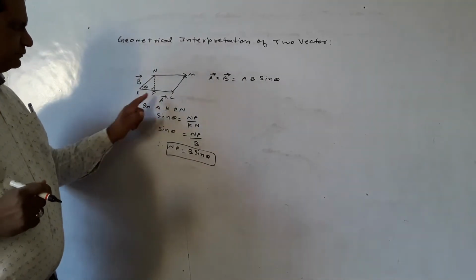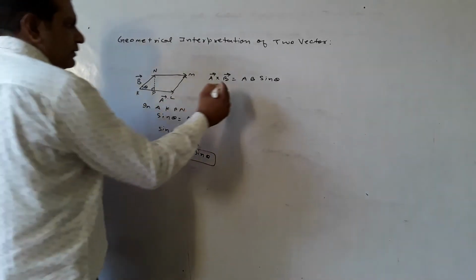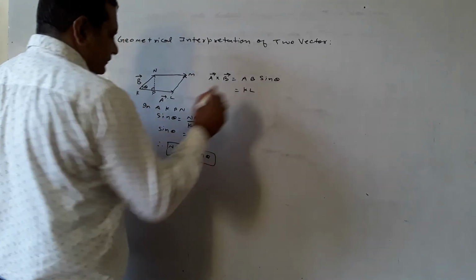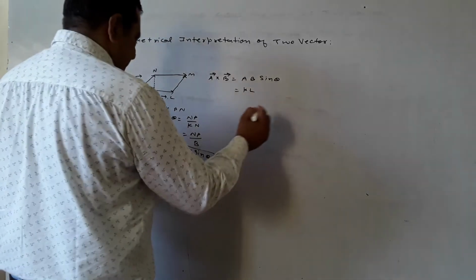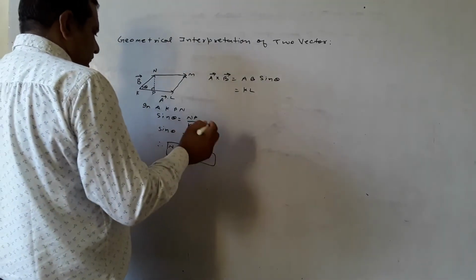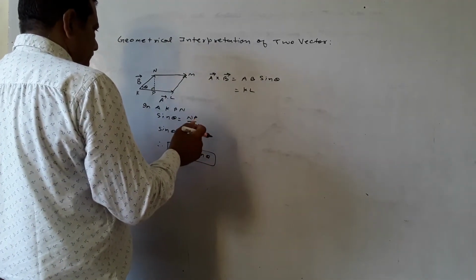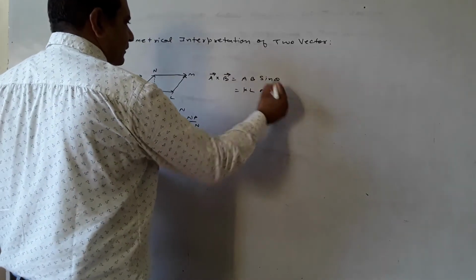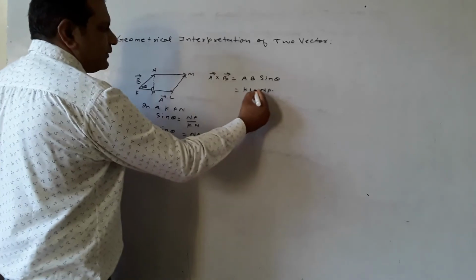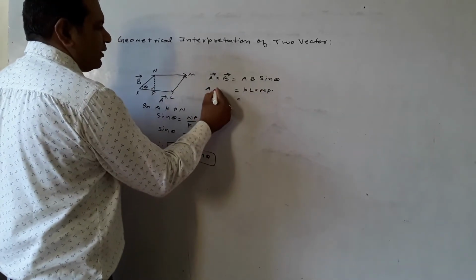This is A along KL, and B sin theta we can write as NP. So this is KL into NP, A cross B.